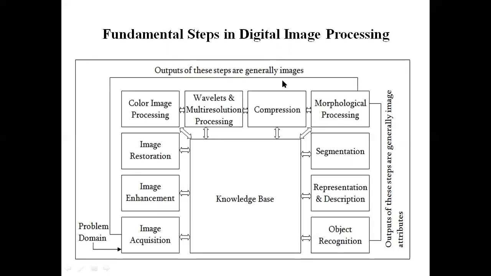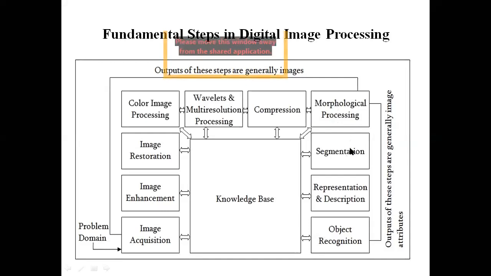This includes the geometrical structure of objects present in the image. Geometrical structure means we get the shape of the object, and we know the shape of the object by using morphological processing.